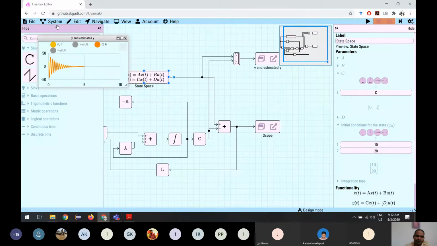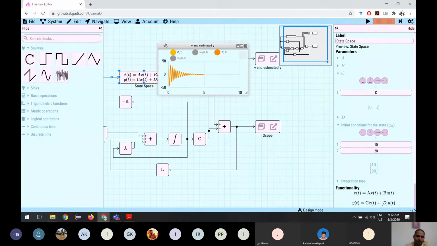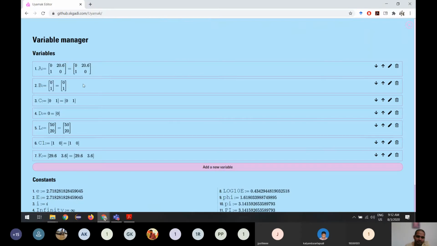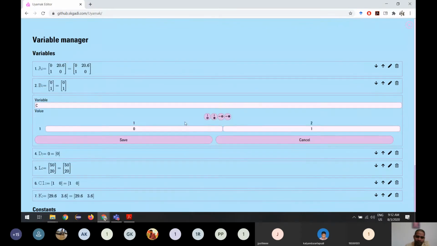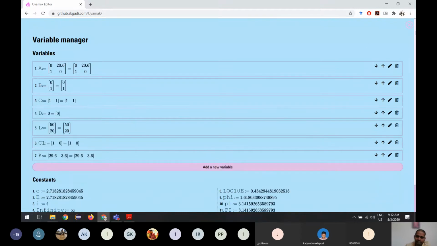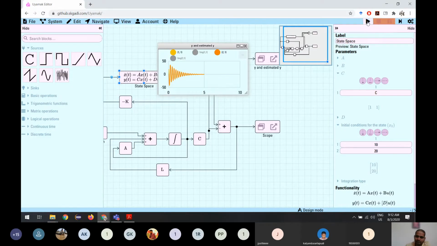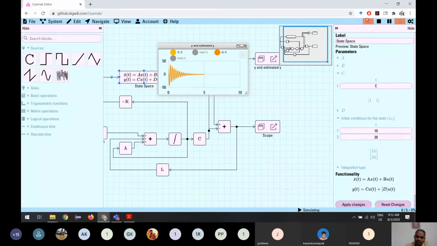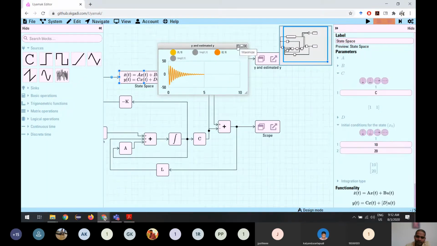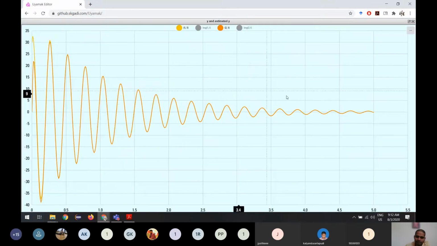Instead of 0, 0, even if I give 1, 1, the value should go to 0. But okay, let us see if it works or not. So whatever is the C value, the output should go to 0.